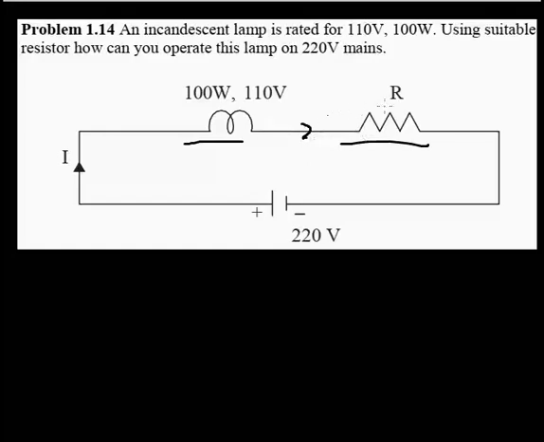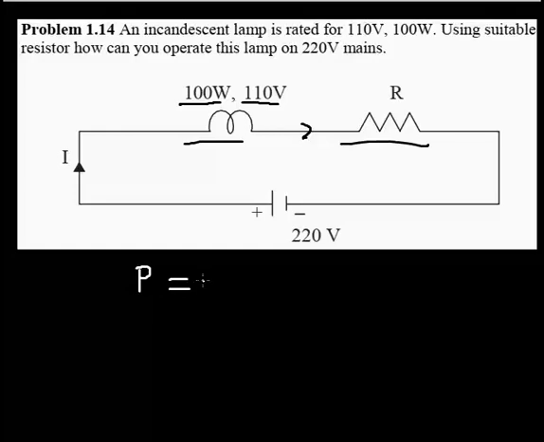The current that's passing through R is still going to be the same current that is passing through the 100 watt. And you know how we get the current passing through the 100 watt, right? Let's use power. The power of the 100 watt is going to be equal to the current multiplied by the voltage. This lamp can only draw 110 volts.